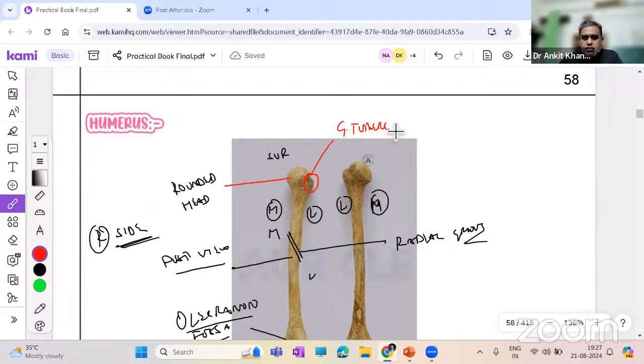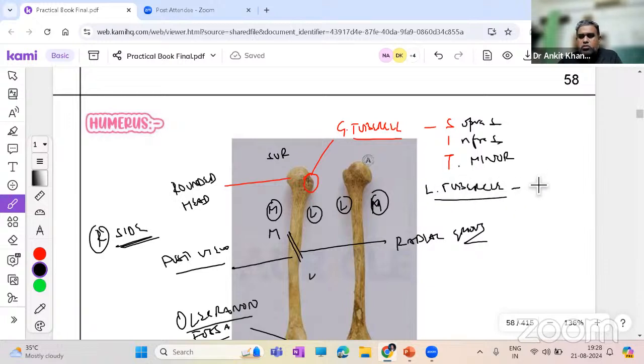Here, three muscles are attached, which are remembered by the mnemonic SIT. SIT is not any special investigation team, but supraspinatus, infraspinatus, and teres minor. And opposite to it, anteriorly, there is the lesser tubercle, where you have the attachment of the subscapularis.